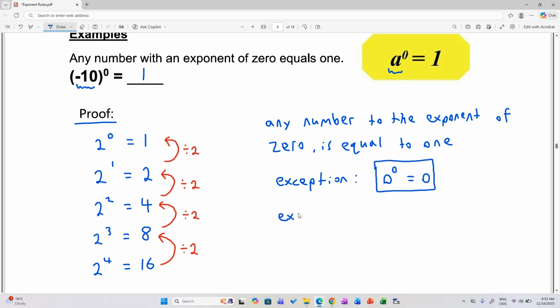So for example, if I had negative 5 to the exponent of 0, I'm going to get 1. If I had 1.6 to the exponent of 0, I'm going to get 1. If I had 98 to the exponent of 0, I'm going to get 1. So any base or number to the exponent of 0 would be 1, except for 0 to the exponent of 0, which would equal 0.